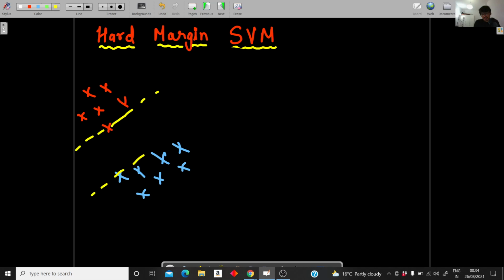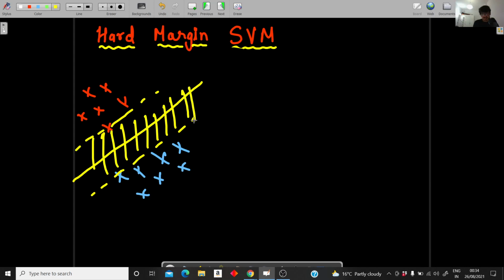In hard margin SVM we should not have anything in this region. So we have to form the constraint, and how we write this mathematically will be our constraint.